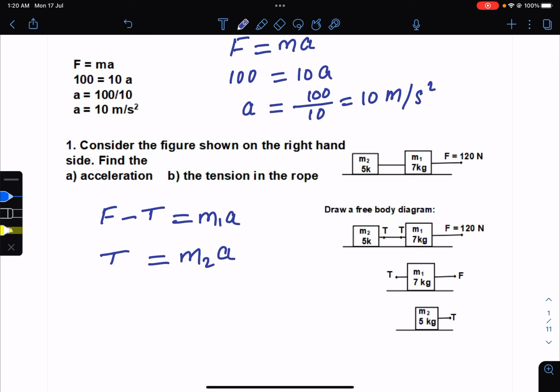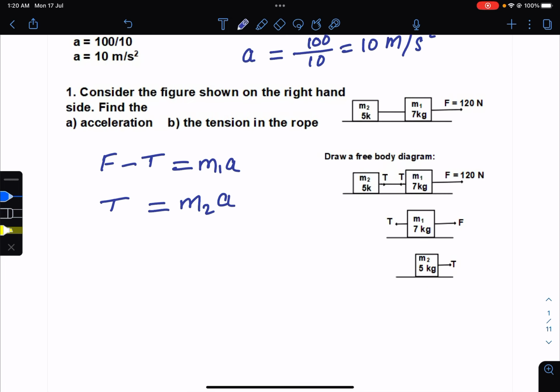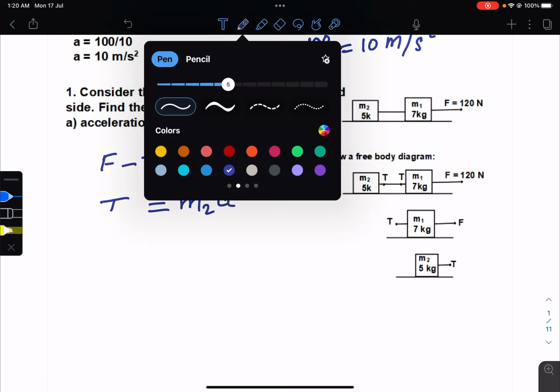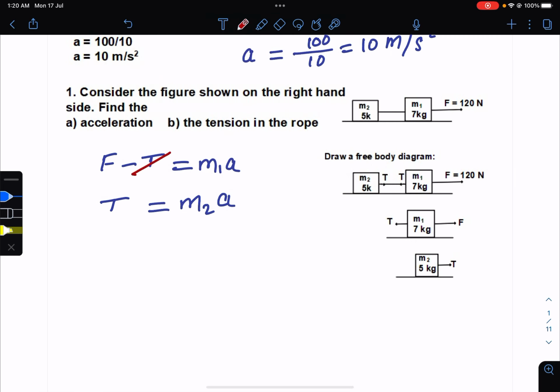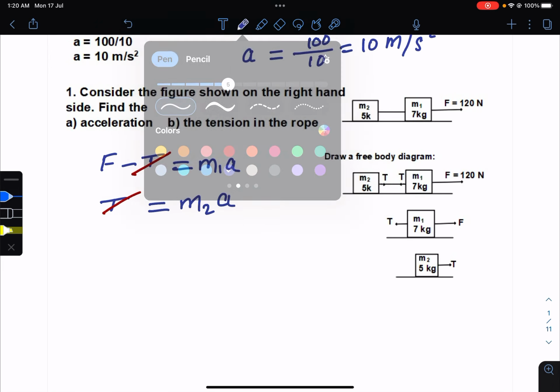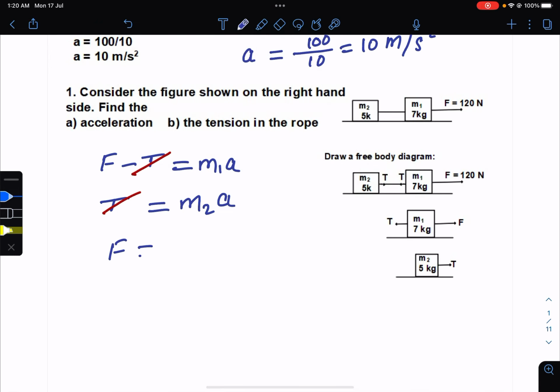If we add the two equations, we're gonna get F minus T plus T. Minus T will cancel this T, and we're left with force being equal to M1A plus M2A, which is M1 plus M2 times A, where A can be taken as common factor.